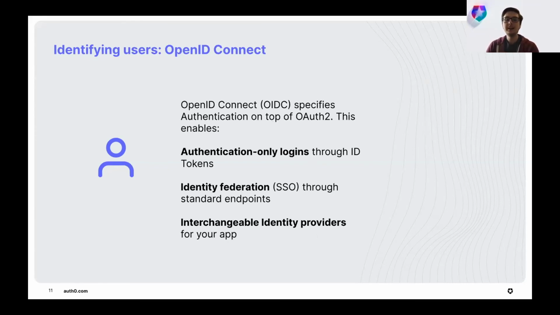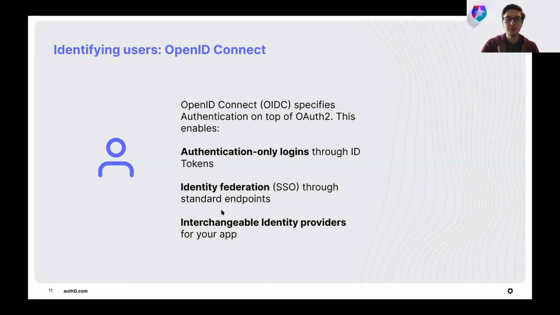It enables easier identity federation through standard endpoints. So we can just swap out any identity provider who complies with OpenID Connect for another. And in the end, that enables you, as a developer, to be very flexible in switching identity providers and switching which service you want to integrate.